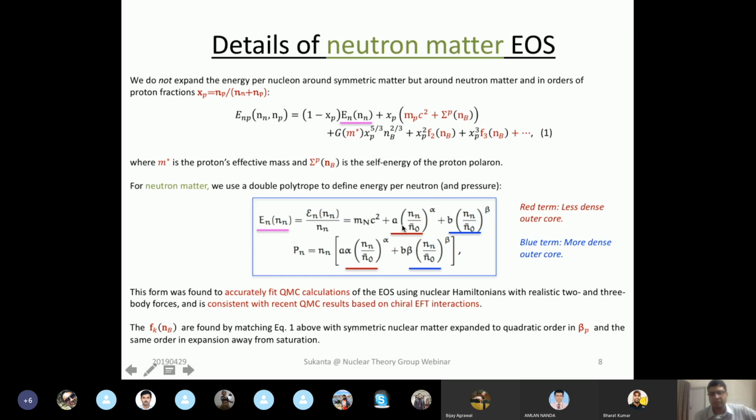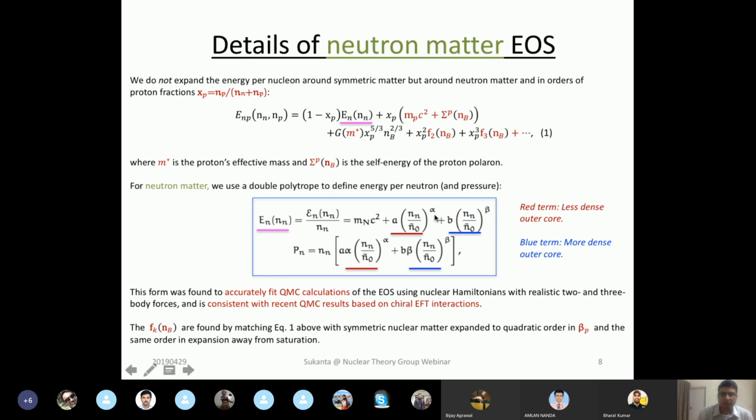A, B, alpha, beta are the coefficients and the exponents whose values we gave for the central equation of state on the third slide in this talk. The corresponding pressure, which is gotten from here by taking the appropriate derivative, of course, is therefore also characterized by A, alpha, B, beta in this following form.